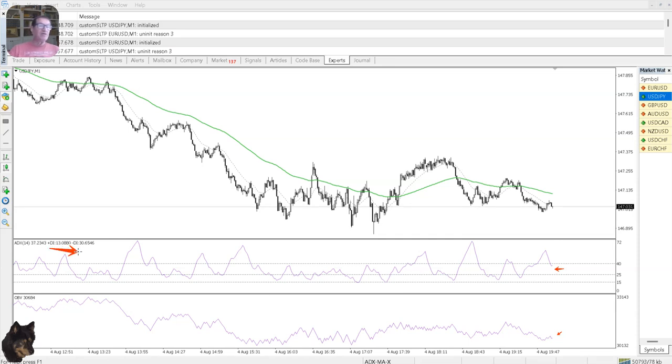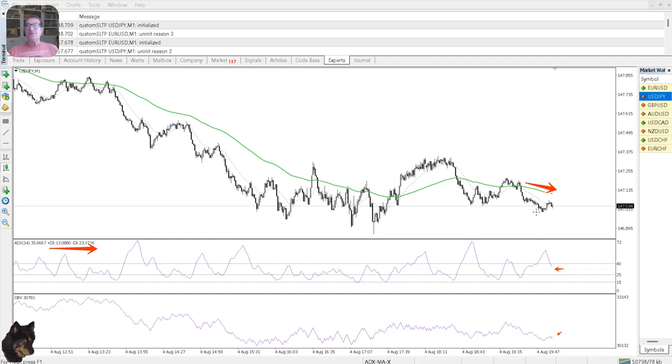We are currently definitely sitting in a downtrend. The minus DI is larger than the plus DI, substantially larger. And the ADX is in a good zone. So that's a pretty strong downtrend. And indeed, we look at our trend indicator, the 100, it is down.